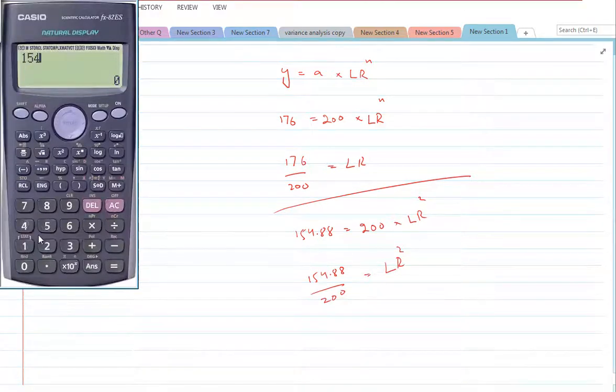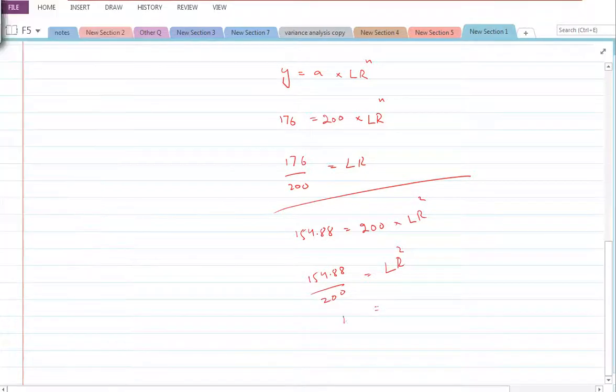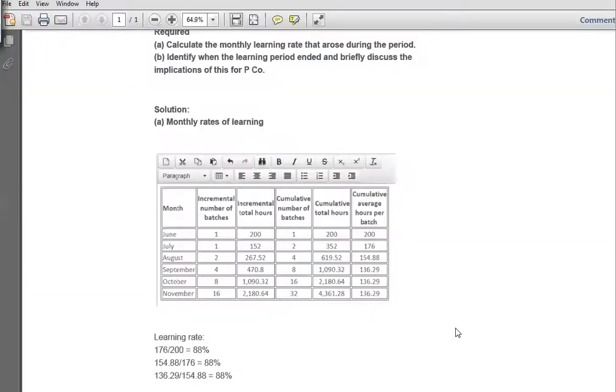So 154.88 divided by 200 will be this, and raised to the power 1 divided by 2, because you want to cancel the power 2 from both sides, which will give you again 88%. So you can do it like this also. I think that will be easier to do in the exam. Now, this is how you calculate the learning rate, and the learning rate, of course, has stopped over here.